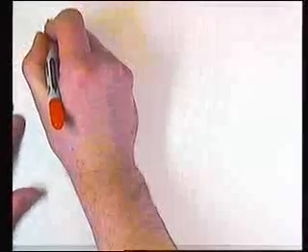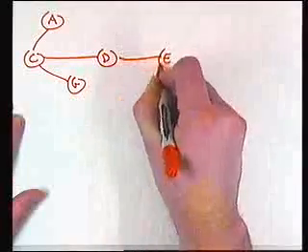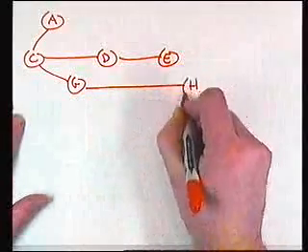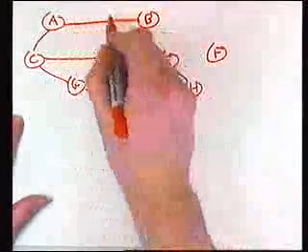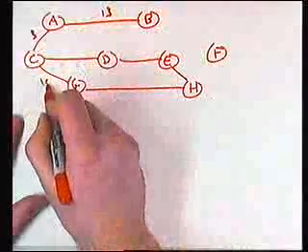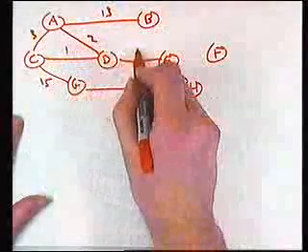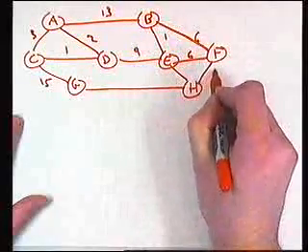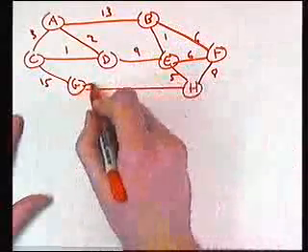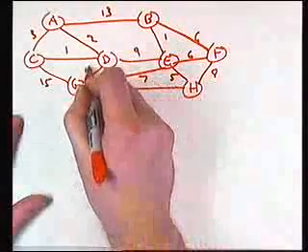And typically when we deal with minimum spanning trees, the graph will be undirected. You can deal with things with directed graphs as well, but we're not going to be covering that here. And so here we have A, C, G, D, E, H, F, and B. And here we have 13, 3, 15, 1, 2, 9, 1, 6, and 6, and 8, and 5, and 7, and 11, and 4.